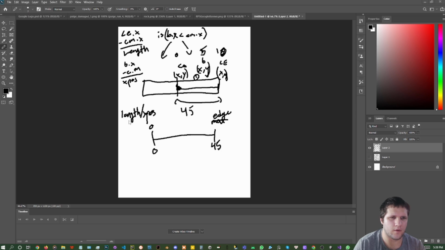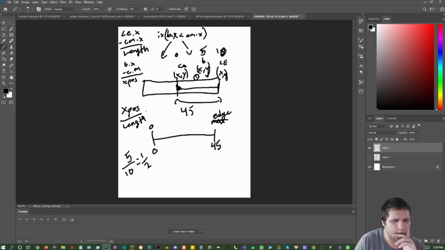Okay, so then no, we actually want the x position divided by the length. The x pos over the length, or in this case, 5 over 10, which would equal 1/2.